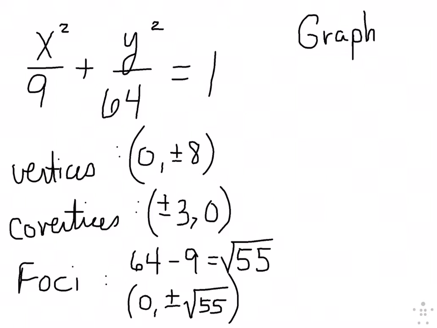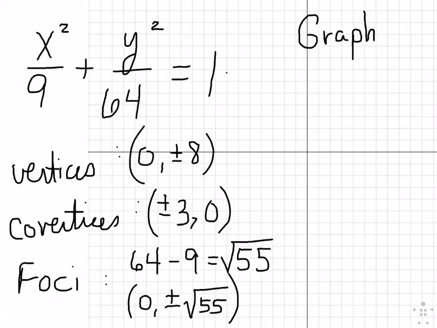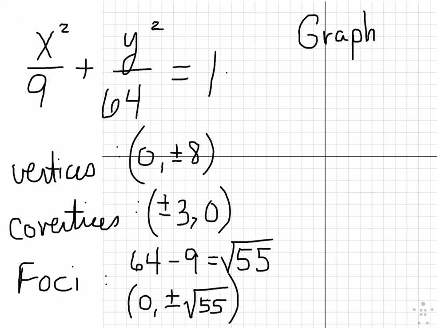Now, as far as graphing it goes, when you graph it, I'll put it in blue just so you can see it. Since I said the vertices were 0 and then 8 or negative 8, that means I'm going to go up 8 or down 8. 1, 2, 3, 4, 5, 6, 7, 8, make a dot. 1, 2, 3, 4, 5, 6, 7, 8, make a dot.